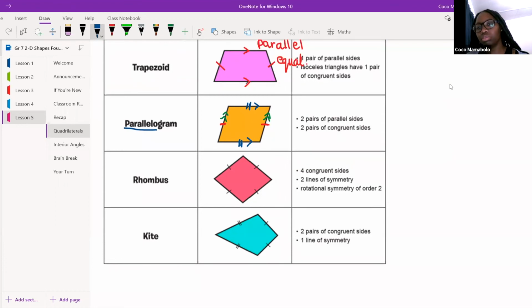Ma'am? Wonderful. What can you tell me about a rhombus? All the sides are equal. Excellent. All the sides are equal. Well done. Amazing stuff.